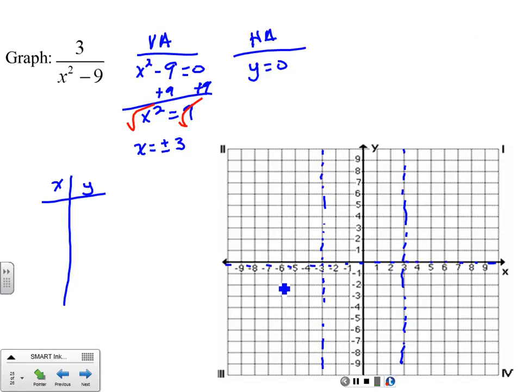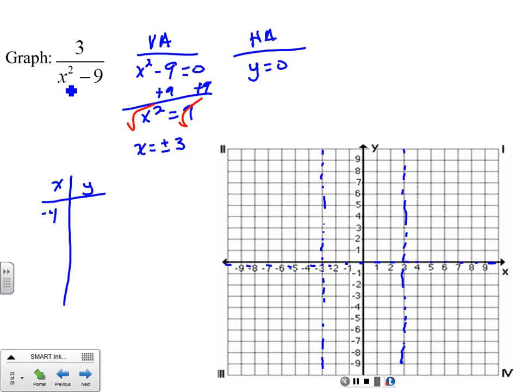So let's go to the far left region. Let's choose something like, I don't know, -4. If I plug in -4 here, what am I going to get? 3/7?